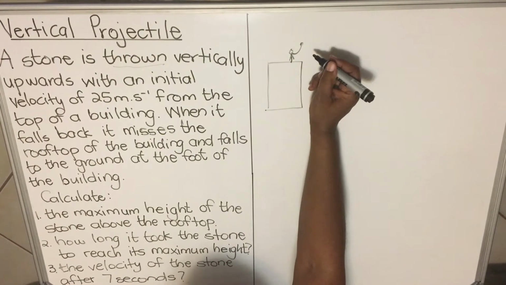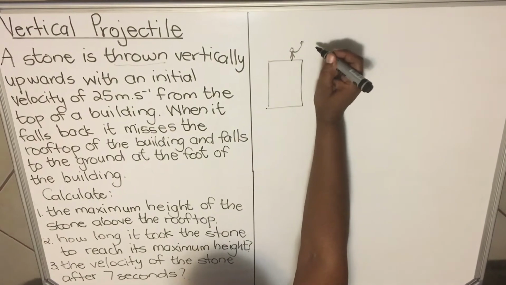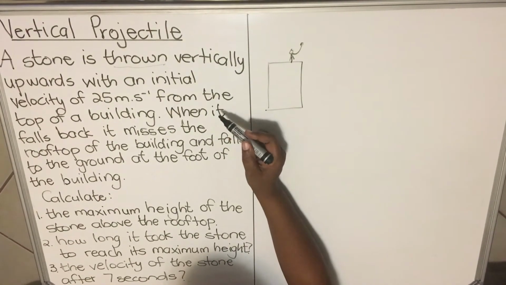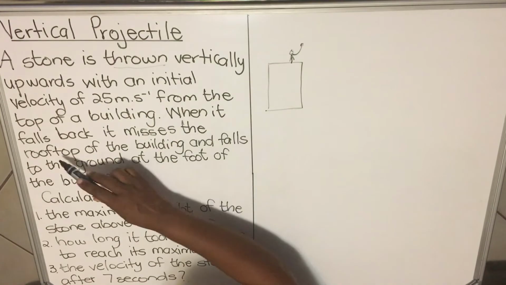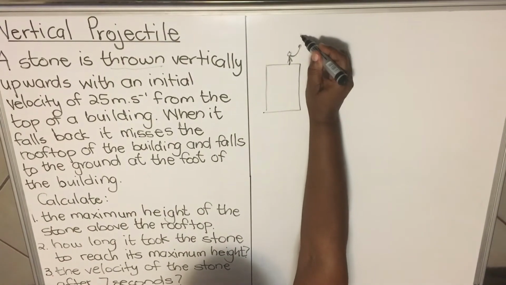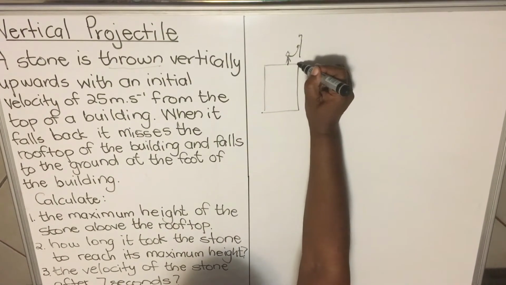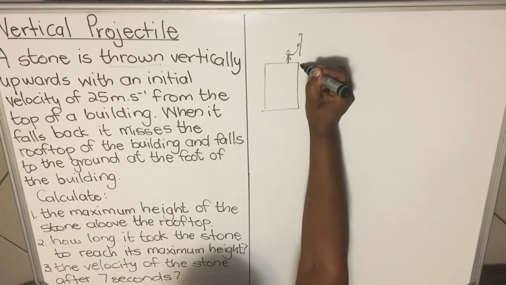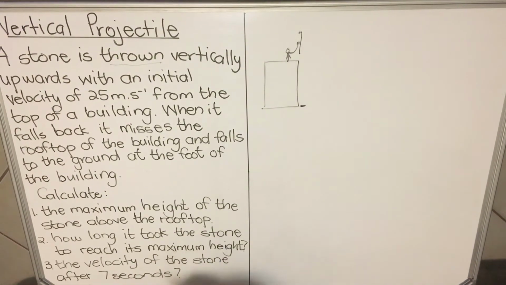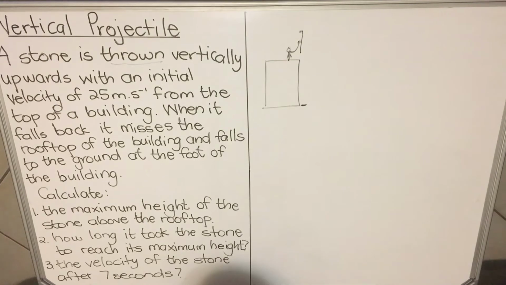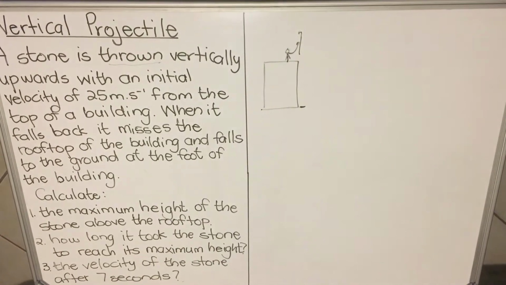When it goes up, it stops, and then comes down. When it comes down, instead of falling on top of the building, it misses the building and falls on the floor at the foot of the building. Okay, this is what the story is about.